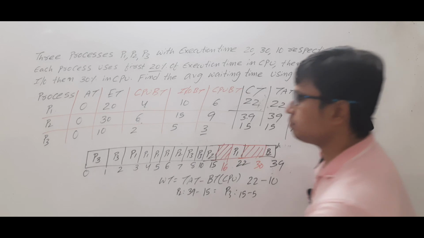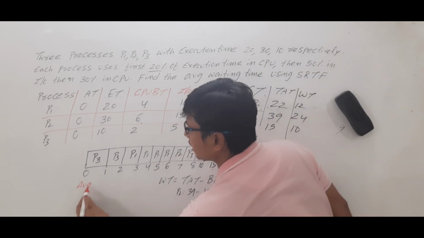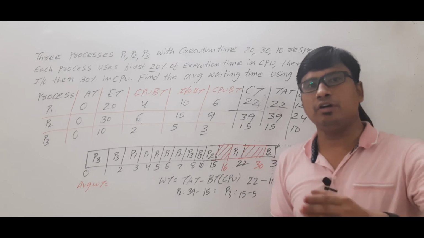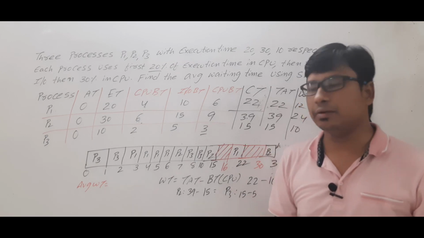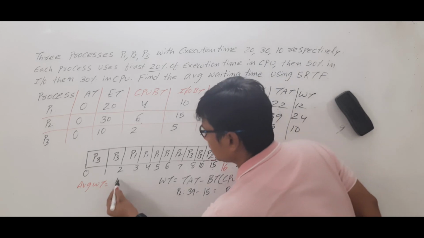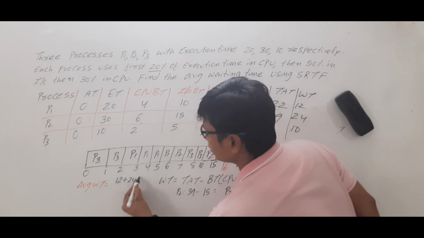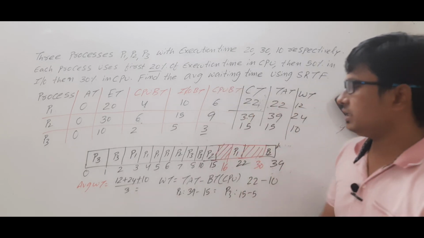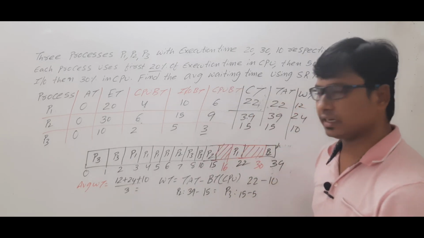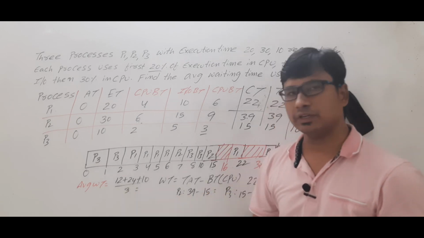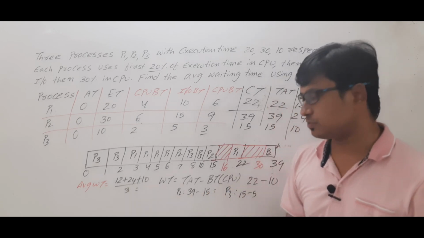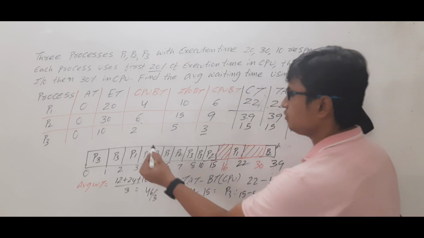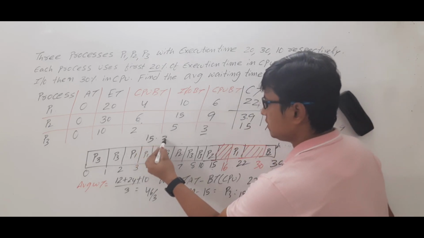Now we need to compute the average waiting time. Average waiting time is equal to the summation of the waiting times of all the processes divided by the number of processes, which is 12 plus 24 plus 10 divided by 3. 12 plus 24 is 36, 36 plus 10 is 46, and 46 divided by 3 is 15.33 something.